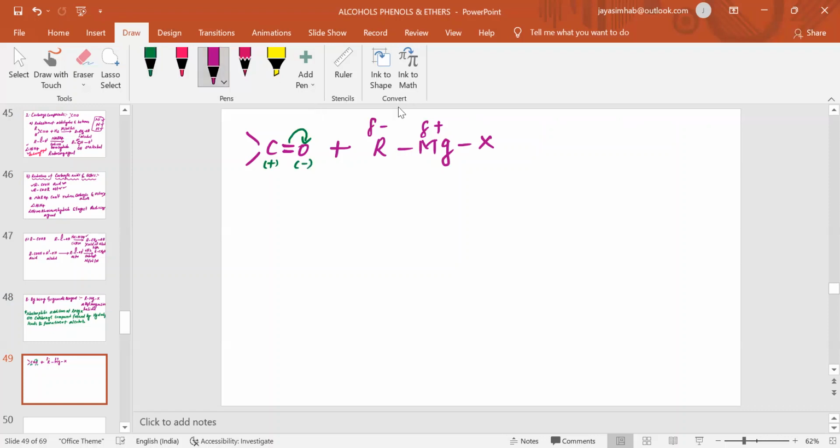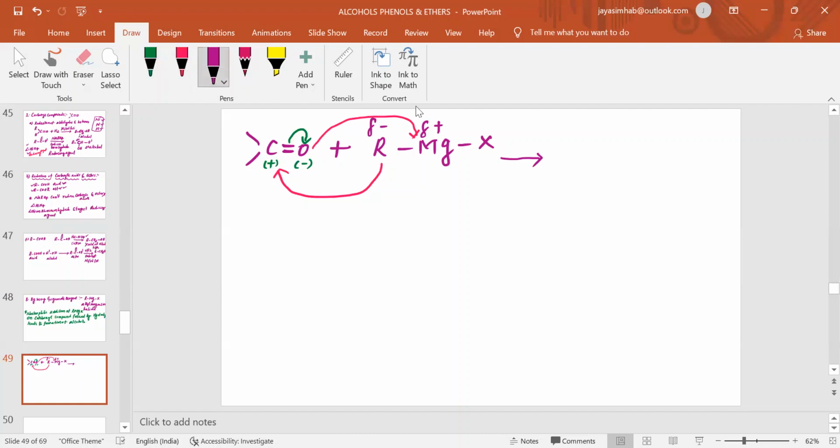So later it will form an adduct like this. The alkyl group will go and combine with this carbon. Then there will be interaction between this oxygen and the magnesium center.